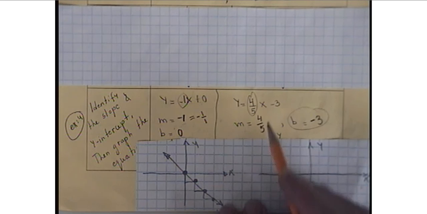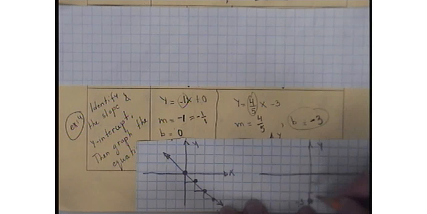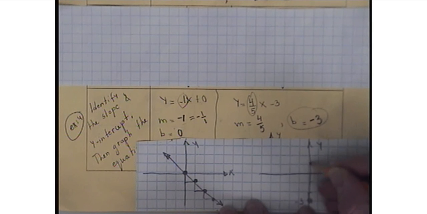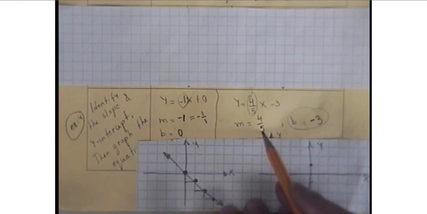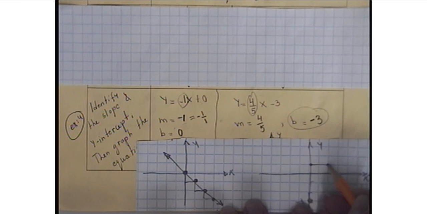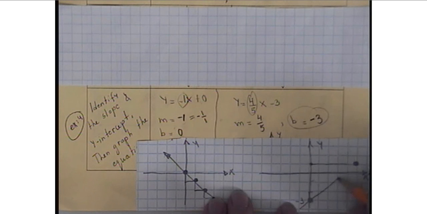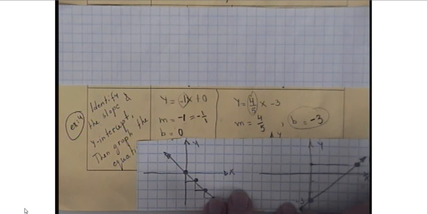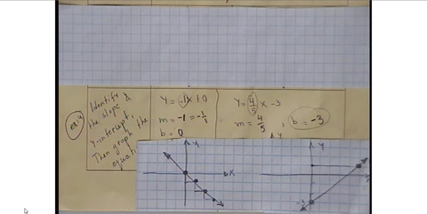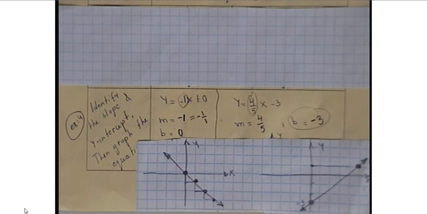So positive 4 means rise 4, so we go 1, 2, 3, 4, and then we run 5 blocks to the right. 1, 2, 3, 4, 5. This will be the stopping or ending point. And once you have 2 points, you just need to connect them to finish your graph, and we are done. That's all you need to do for today's lesson.